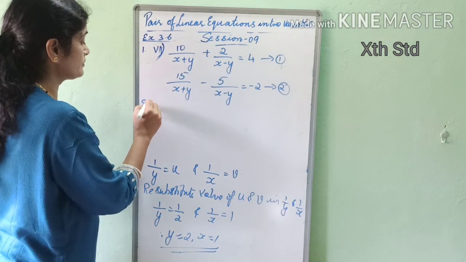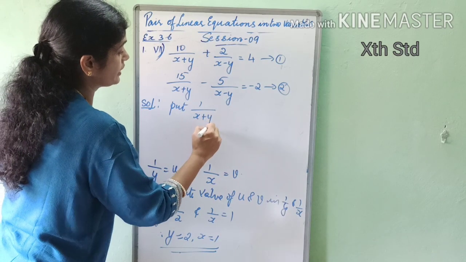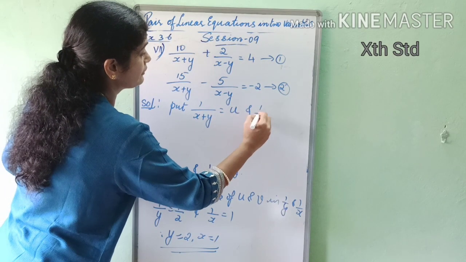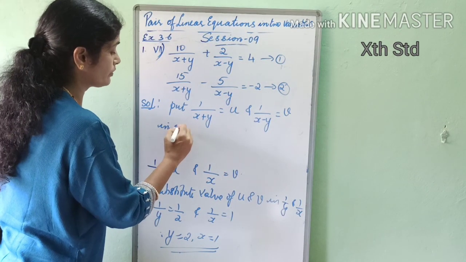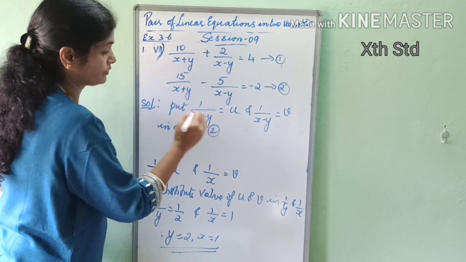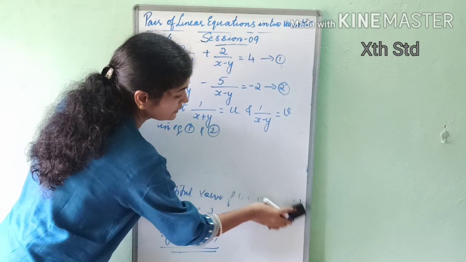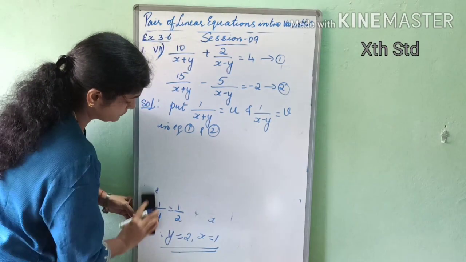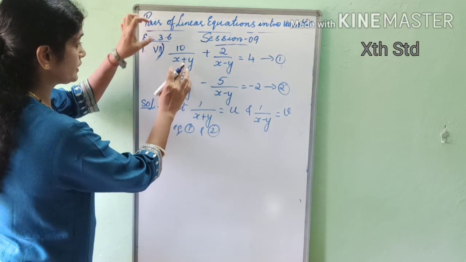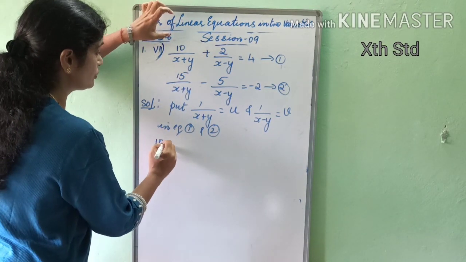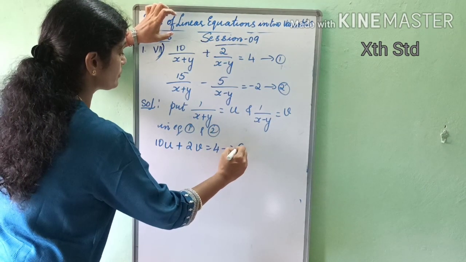So now the solution: put 1 by x plus y is equal to u and 1 by x minus y is equal to v in equation 1 and equation 2. If we do so, what are we going to get? Equation 1 reduces to 10u plus 2v equal to 4. So this becomes your equation 3.